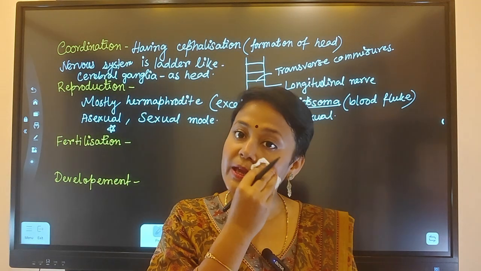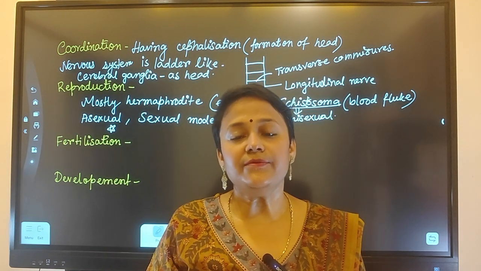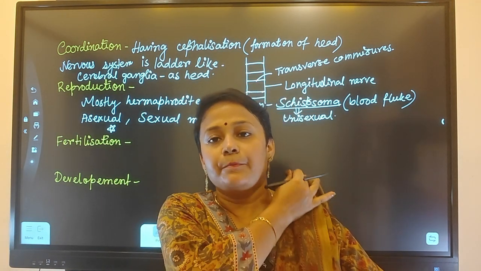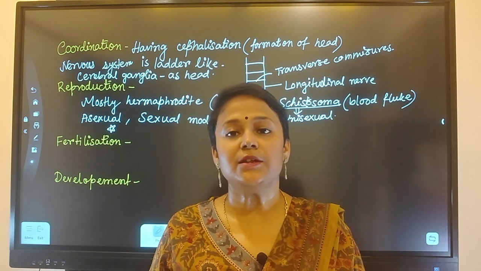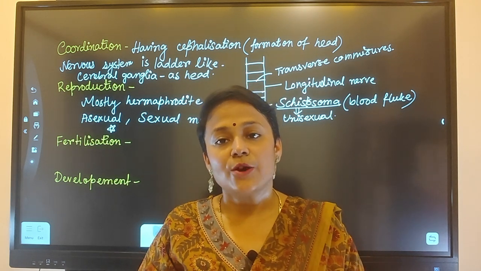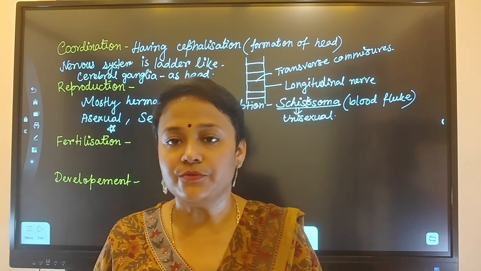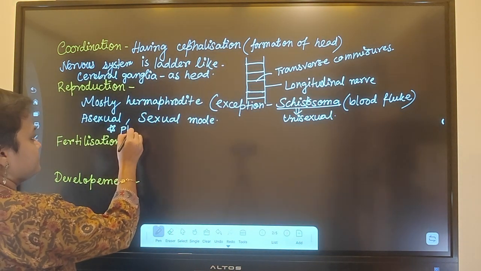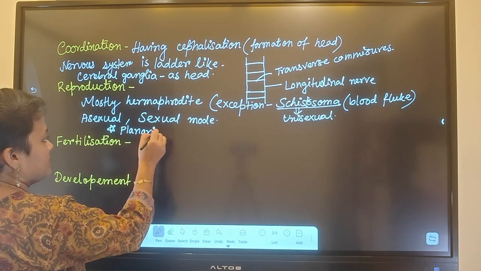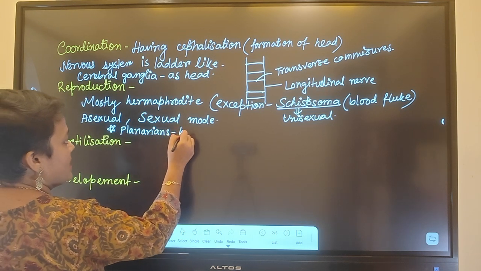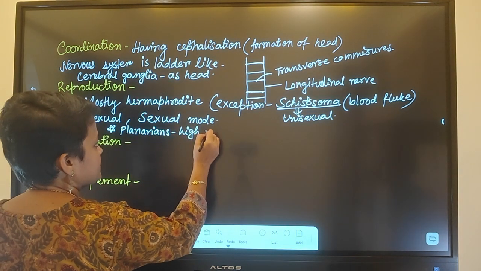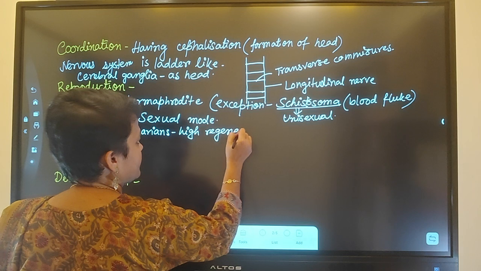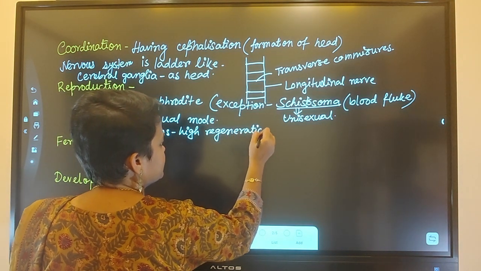It is not a way of reproduction, but if any part is fragmented from the original body, a new organism will form from it. So planarians have high regeneration capacity.